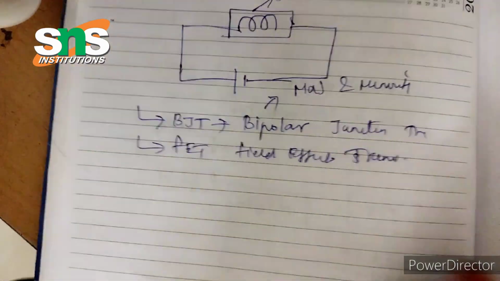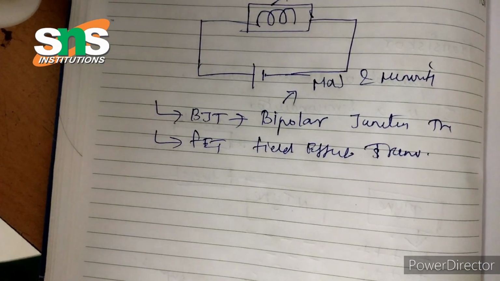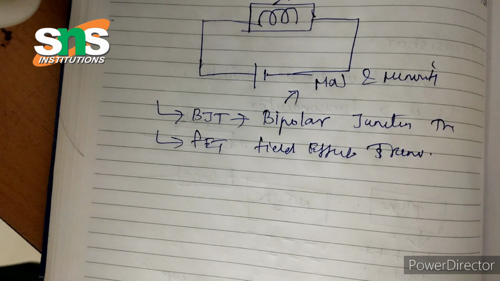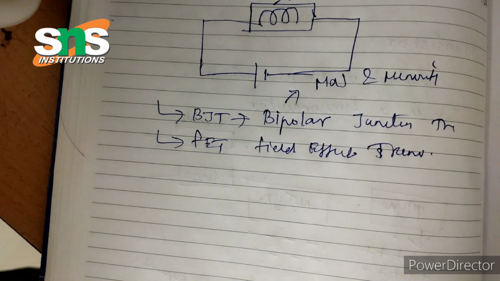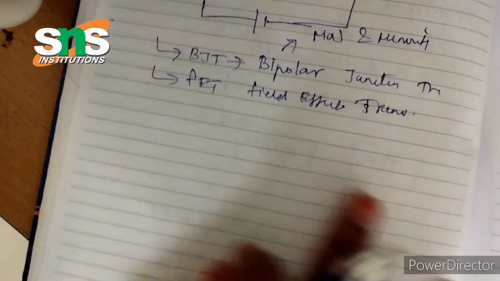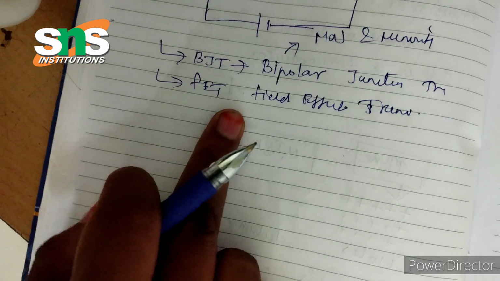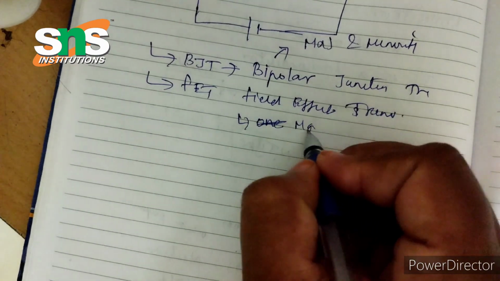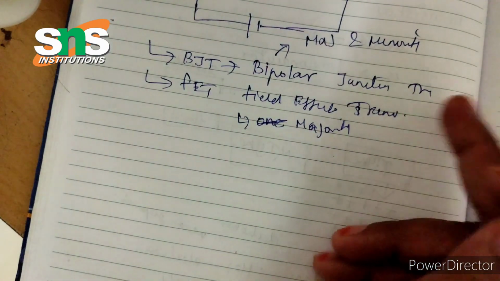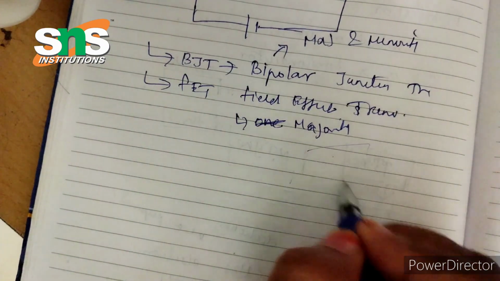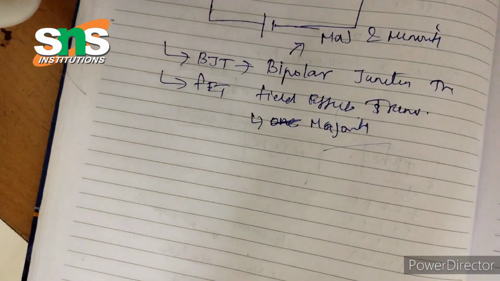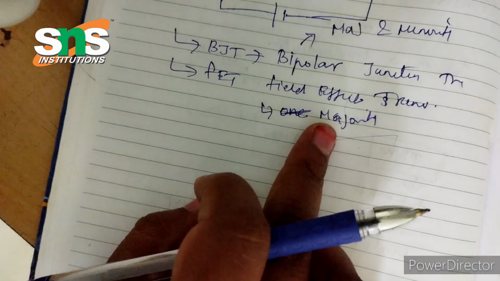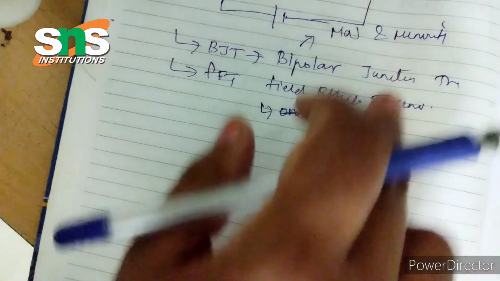If you use a p type semiconductor, the majority carriers are holes and the minority carriers are electrons. But in the FET, the field effect transistor, there is only one majority carrier, not a minority carrier. The whole thing is made up of the majority carrier, and some impurities are diffused in. That is why it is also called unipolar, and the other is called bipolar.